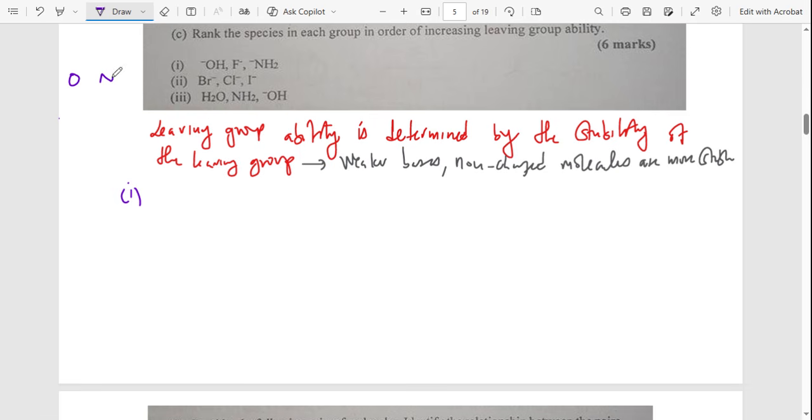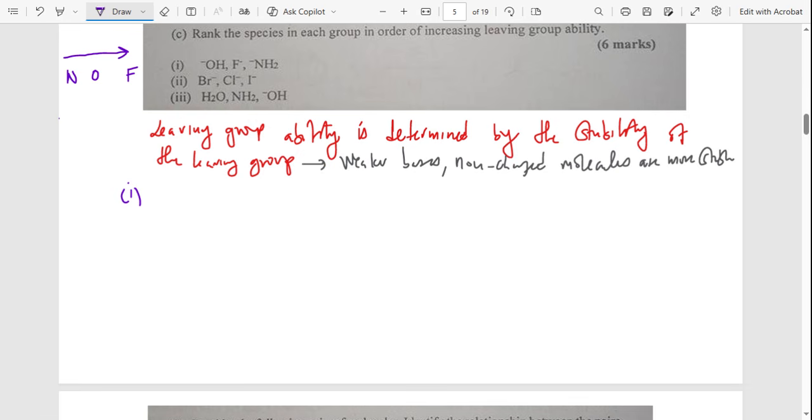Nitrogen is in group 5, oxygen is in group 6, and then fluorine is in group 7. As you go in this direction, the electronegativity is actually increasing.